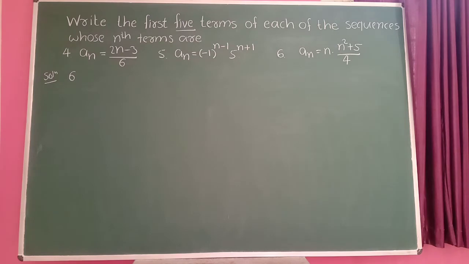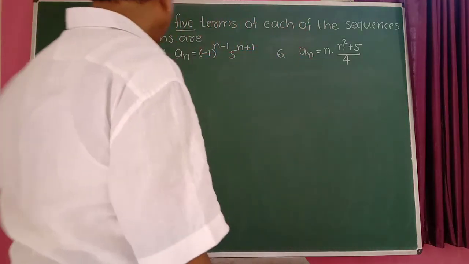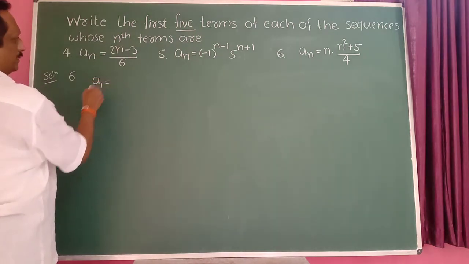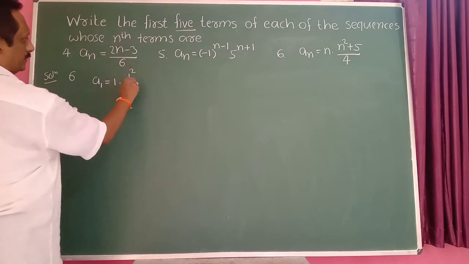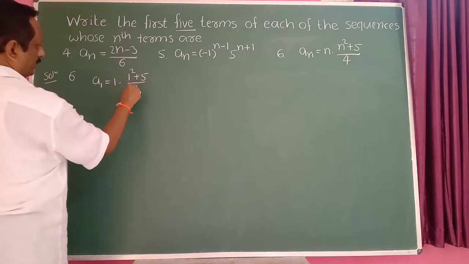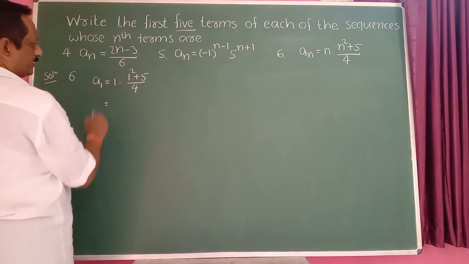So, sixth example here. Put n value 1, 2, 3 and so on. a1 is equal to 1 into 1 squared plus 5, divided by 4. So 1 into this means just leave that 1 here.